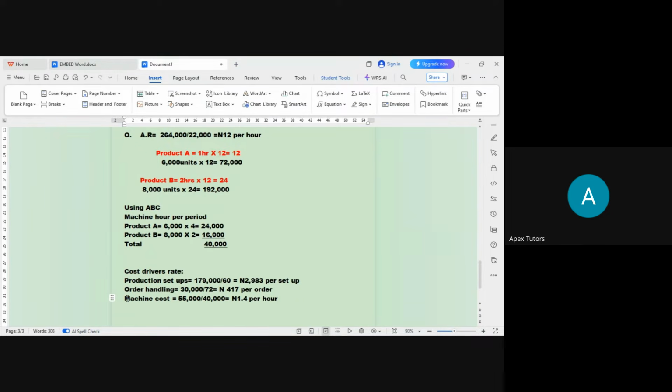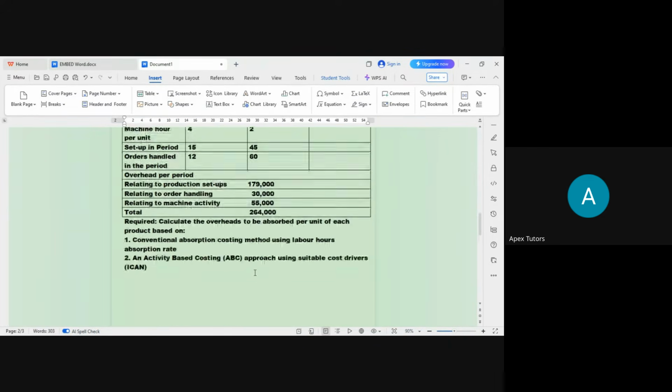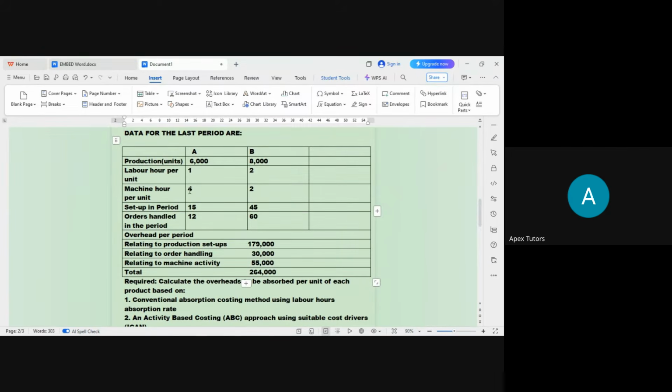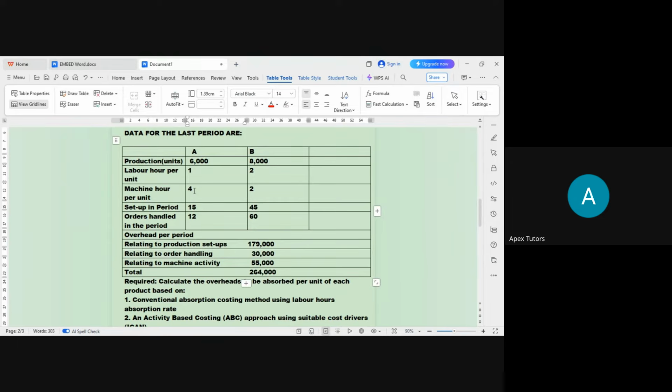Now, this is the cost driver rate. Take note. This is the cost driver rate. What do I mean by this? These values you have, they are what you will pay on this activity here. How much will you pay for machine hour based on the cost driver rate?